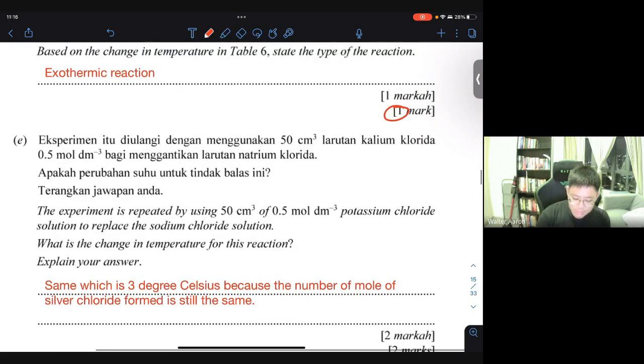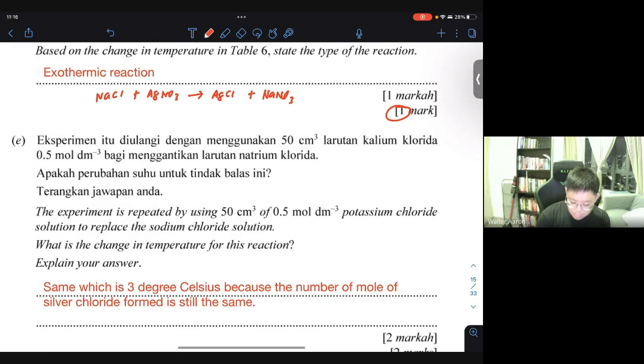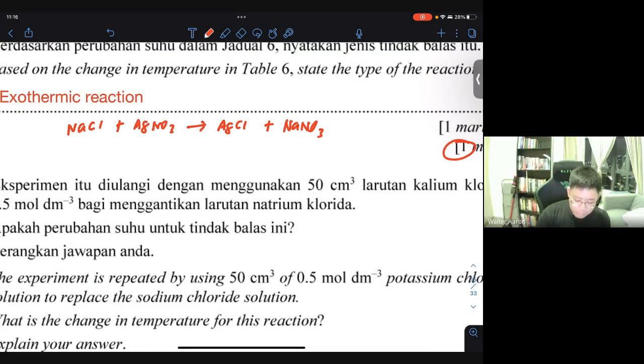Okay, very easy, right? Imagine right now, that's what we saw. We use NaCl plus AgNO3. You will get AgCl plus NaNO3, right? So if you were to replace this with potassium chloride and using the same equation, you realize that it is the same thing.